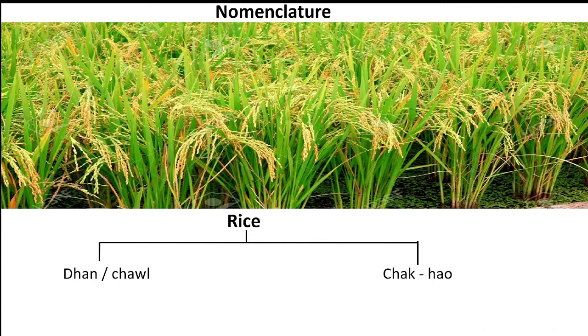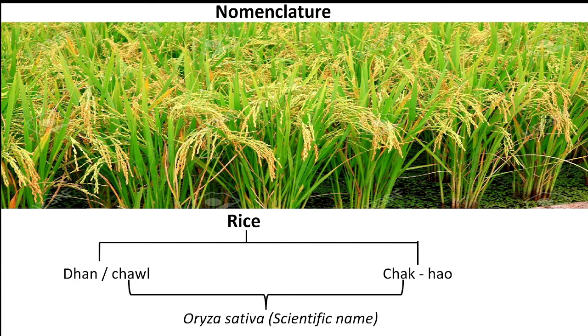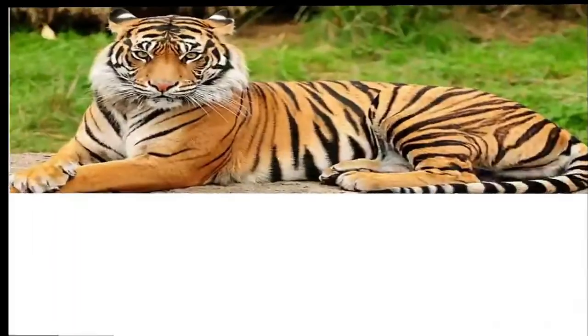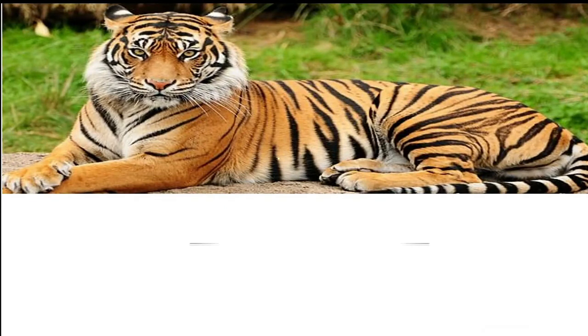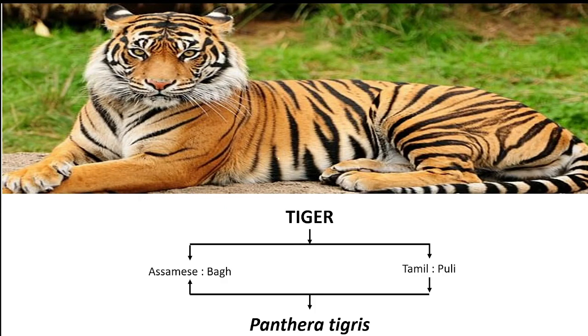To overcome this barrier, Carolus Linnaeus proposed that each and every organism should have a universal name, and that name in the case of rice is Oryza sativa. This is the scientific name. Another example of multiple naming is the name of the tiger. In Assam, the tiger is known as Bagh, and in Tamil it is known as Puli. The scientific name is Panthera tigris.